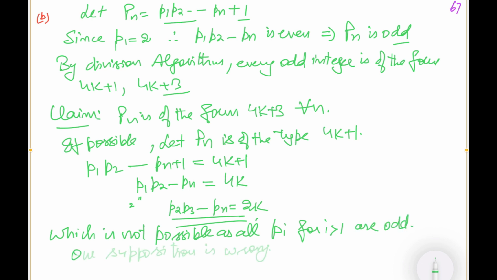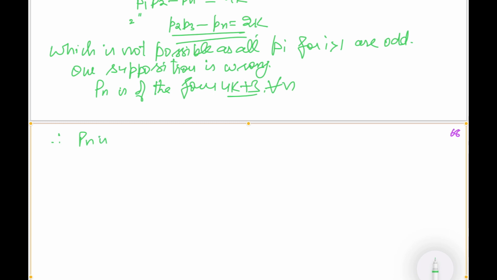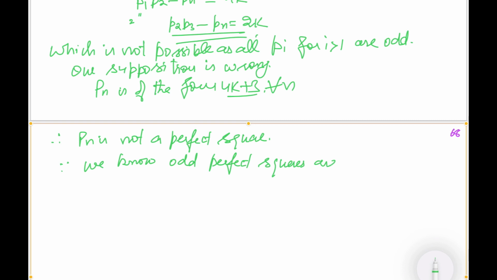So our supposition is wrong. P1P2...Pn plus 1 is of the form 4k plus 3 for all n. Therefore, it is not a perfect square, because we know odd perfect squares are of the form 4k plus 1.